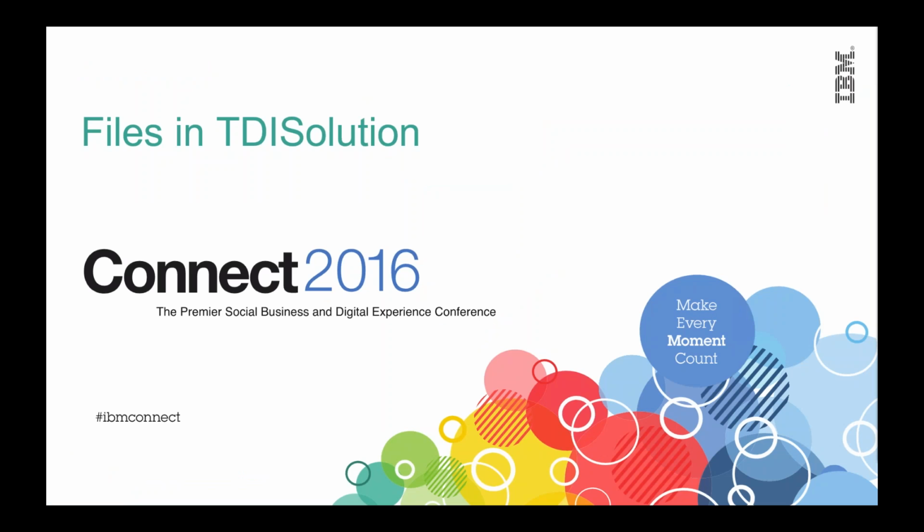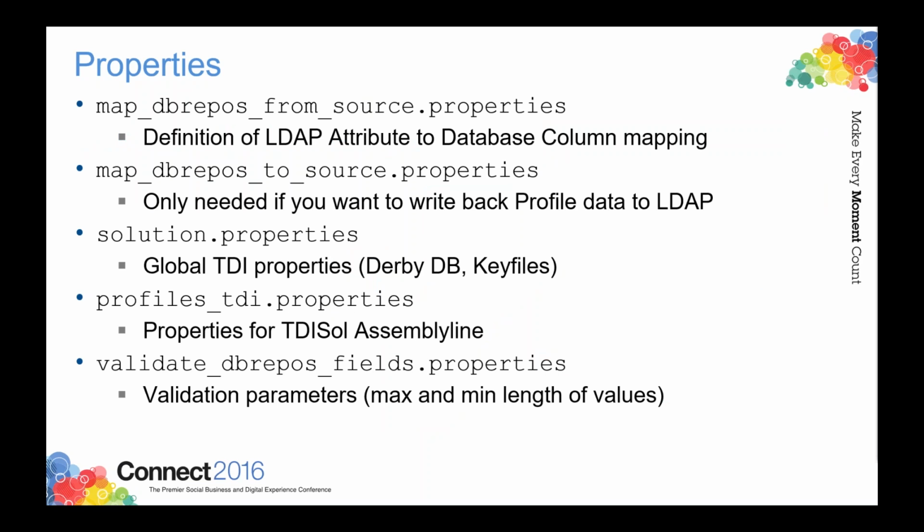So which files can we find in the TDI solution? The mapping file, I already mentioned it. It's a mapping from LDAP attribute to database. We have a DB repos to source property file. You only need it when you want to update LDAP attributes with values from your database. So you can let your users update their profiles within Connections and then sync special fields back to your LDAP.